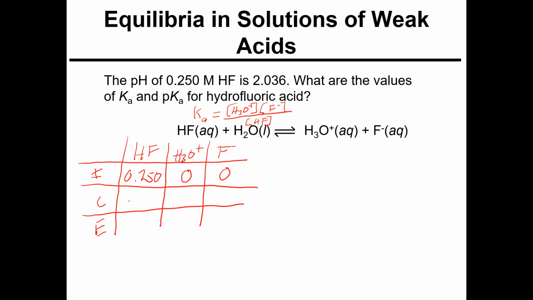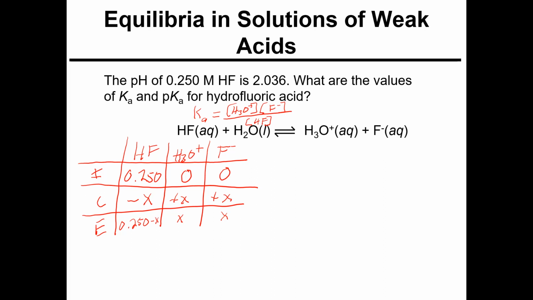Over time, some of the hydrofluoric acid is going to break down and form hydronium ions and fluoride ions. So we're going to see the appearance of some H3O plus and F negative. So at equilibrium, our concentration of hydrofluoric acid is going to be 0.250 minus X, and our concentration of H3O plus and F negative is going to be X.